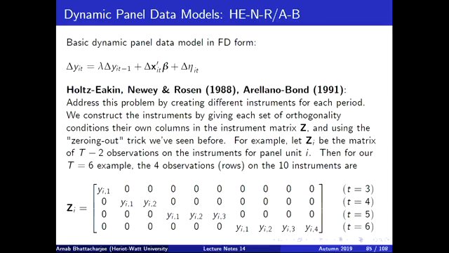You can see what we are doing here. So this is the instrument for period 3, and for period 4, we have 2, and so on and so forth. This is going to go on expanding. Not a problem, right? We know how to do GMM.